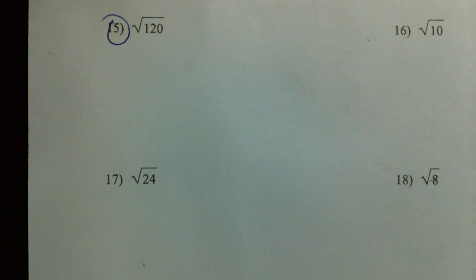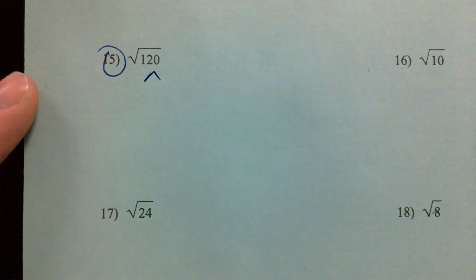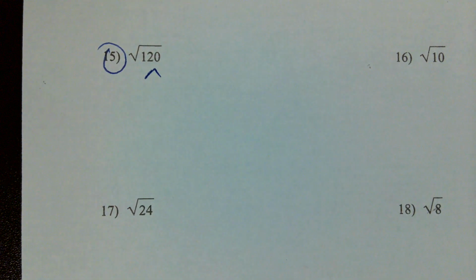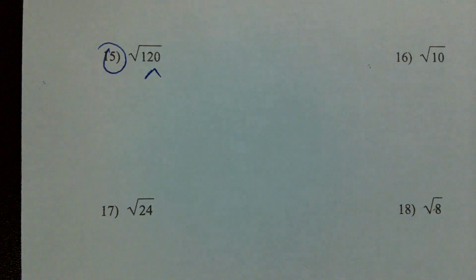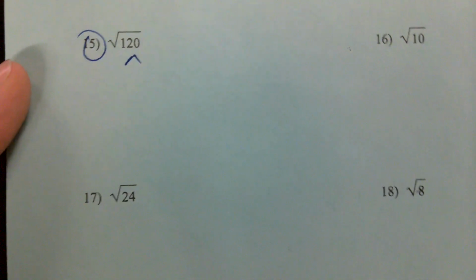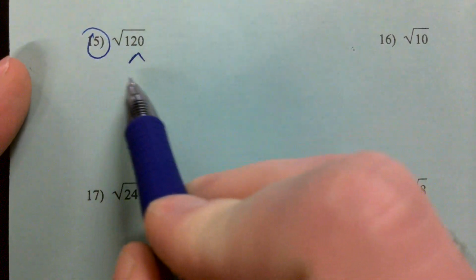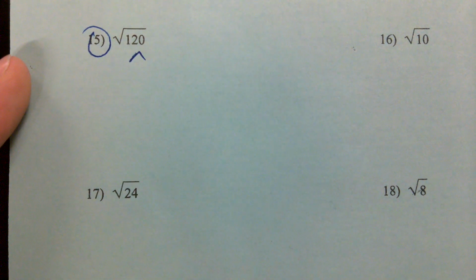If you look down to number 15, again, I'm going to start with a factor tree. What 2 numbers multiply to give me 120? 12 and 10. Good. Now, if you can't come up with that off the top of your head, ask yourself, is 120 even or odd?